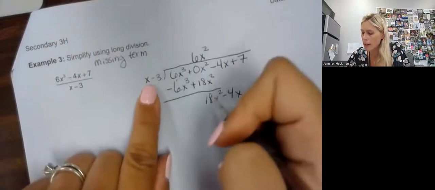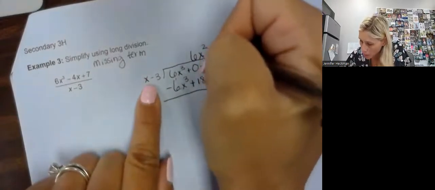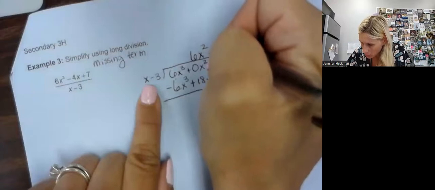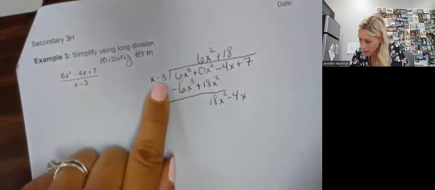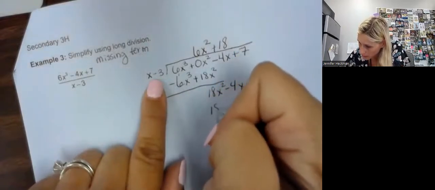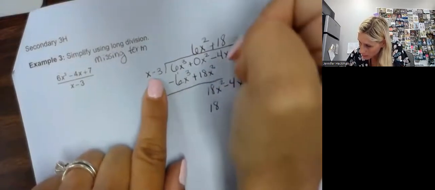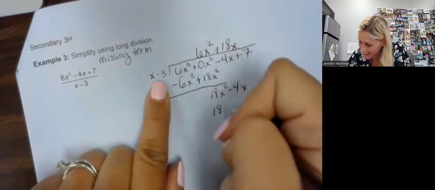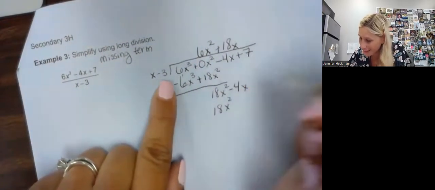X times what is 18x squared? Well, that would be 18x. Ooh, this is getting complicated. There we go. 18x squared. Forgot the x there, guys.